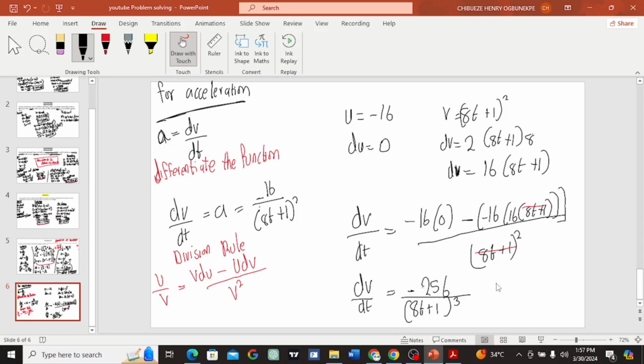For our solution, dv over dt equals a equals negative 256 all over 8t plus 1 raised to the power 3. That's our answer for acceleration.